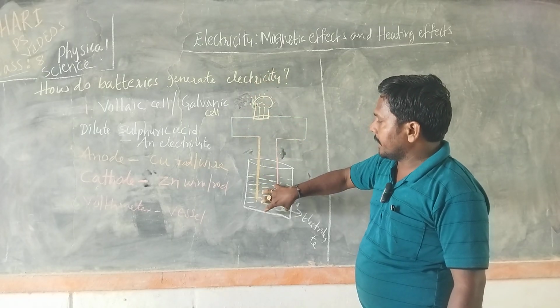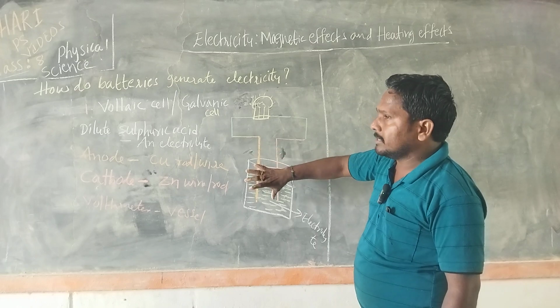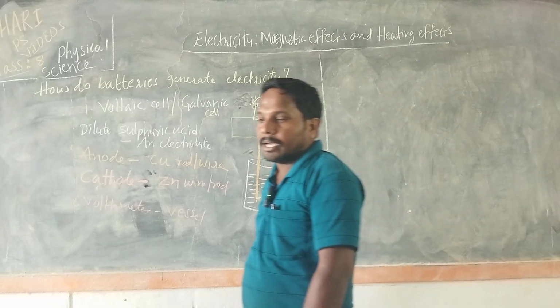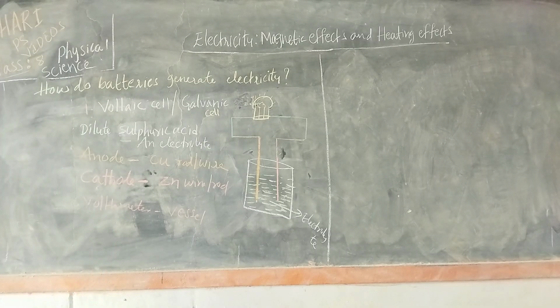Due to chemical reactions, chemical energy is converted into electrical energy. So this is about the voltaic cell.